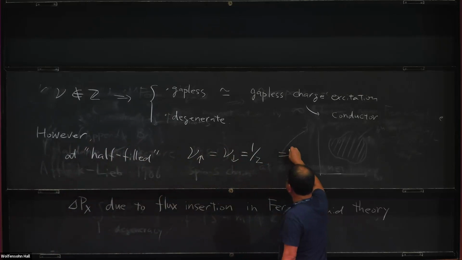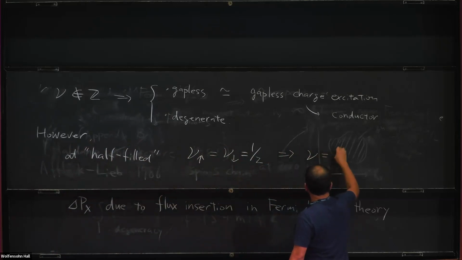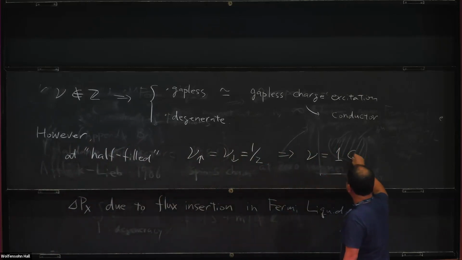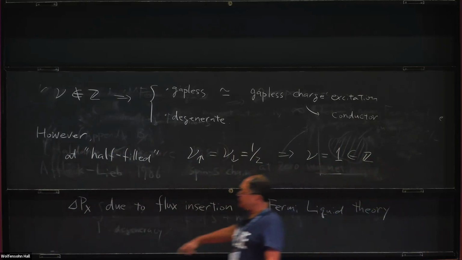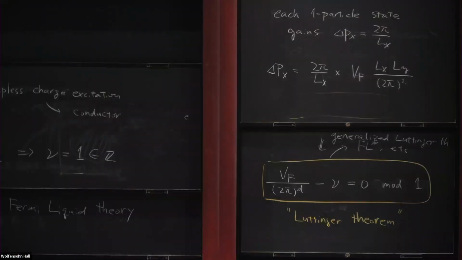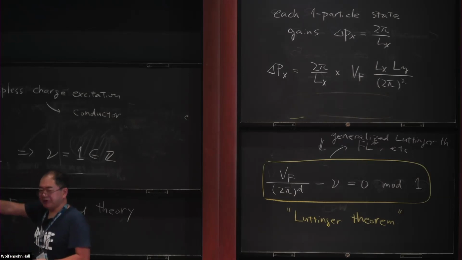Then the total filling is 1, which is an integer. Then if you use this insertion of physical flux, or increase the physical vector potential, the momentum shift is now just an integer. So you cannot conclude anything using this argument.